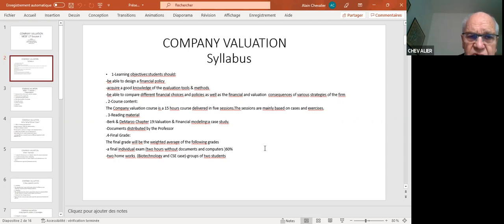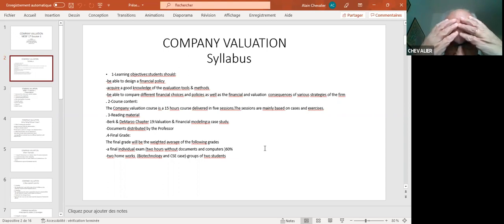You should also acquire good knowledge of the evaluation tools and methods. And we present today a very simple slide with the main families, so that the methods, which are connected one with the other, are clear for you.